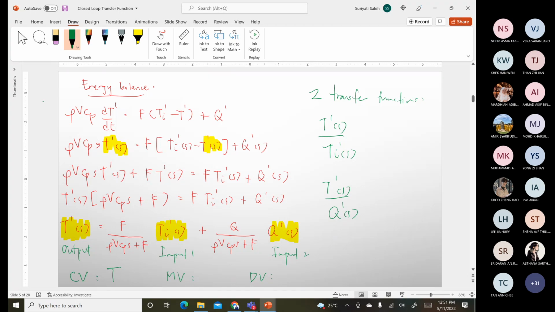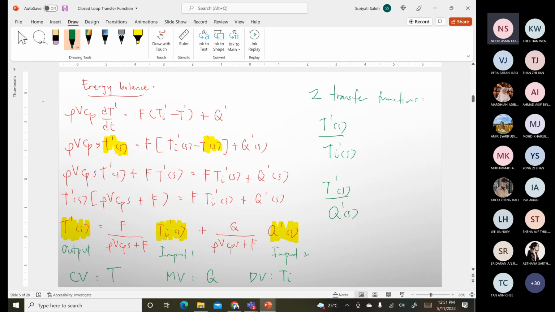Any answer? Manipulated Q. Why? The heater will affect the temperature the most. Yes, correct. So the MV will be our Q and the disturbance automatically is your Ti.